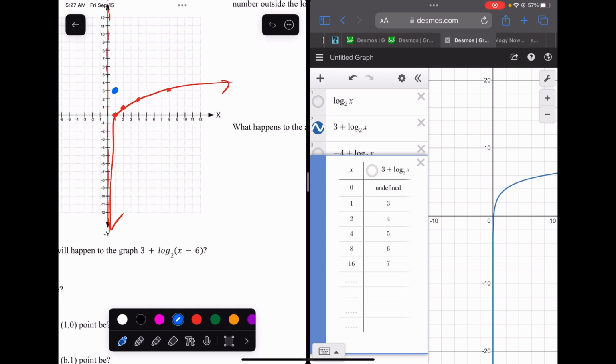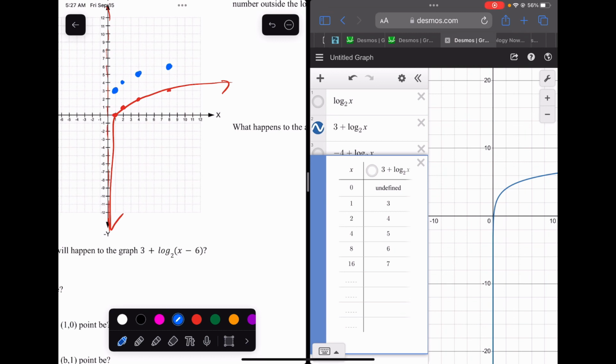All right, and (2, 4), and (4, 5), and (8, 6). And the (16, 7) obviously is off the chart.